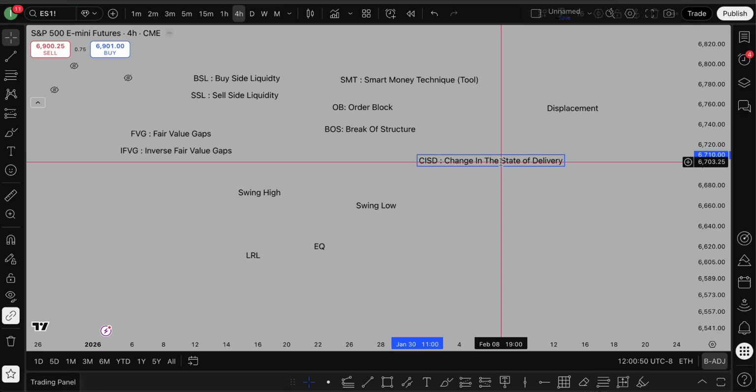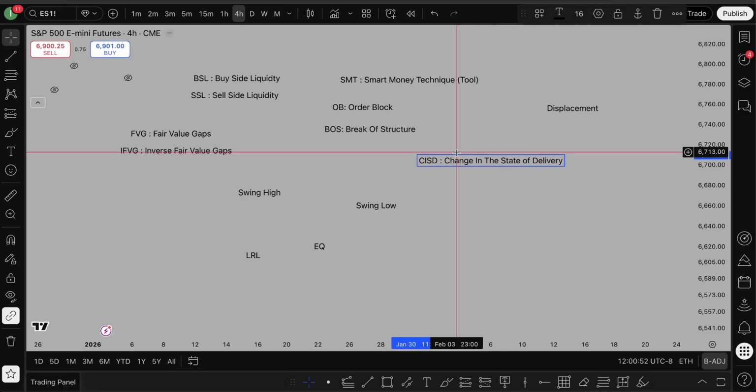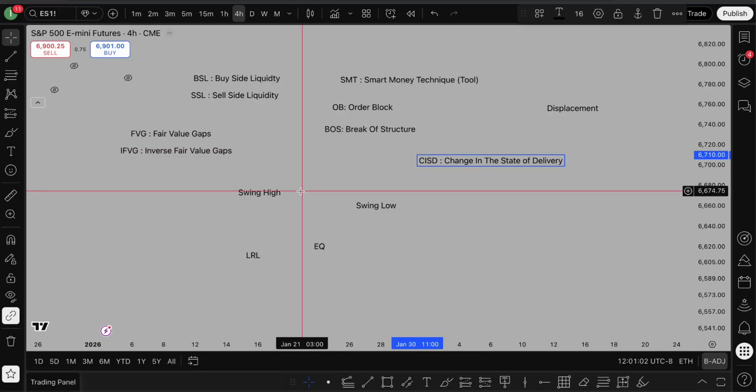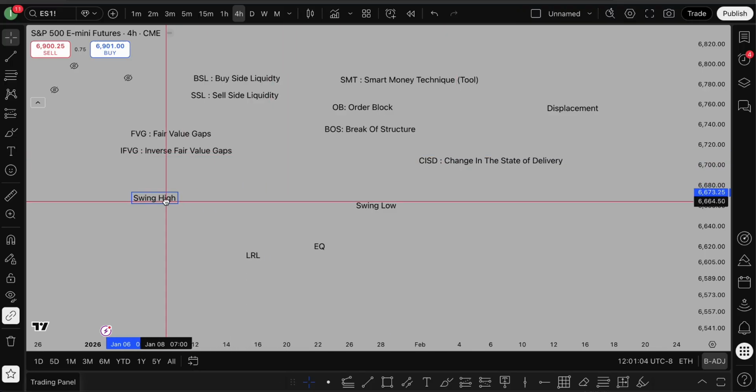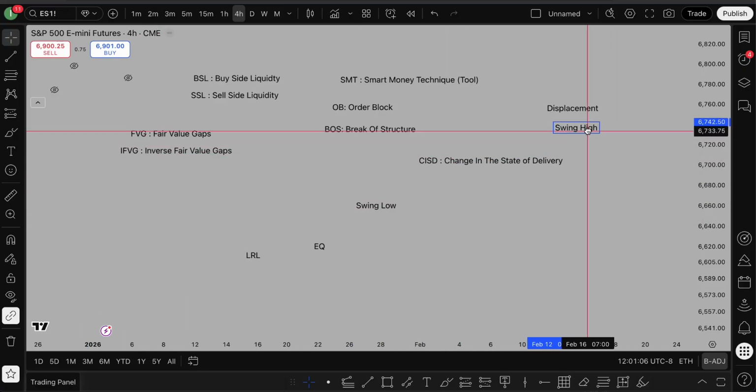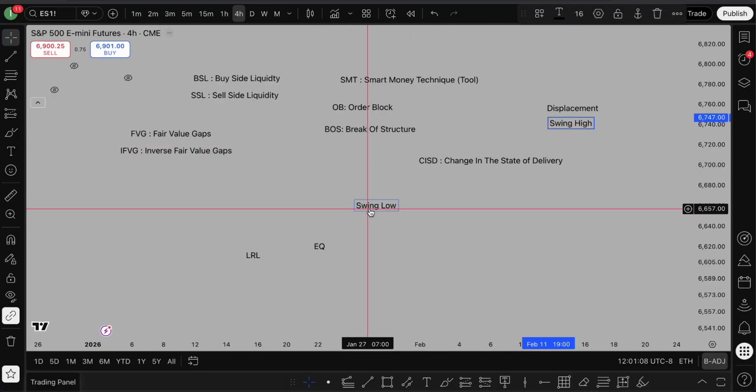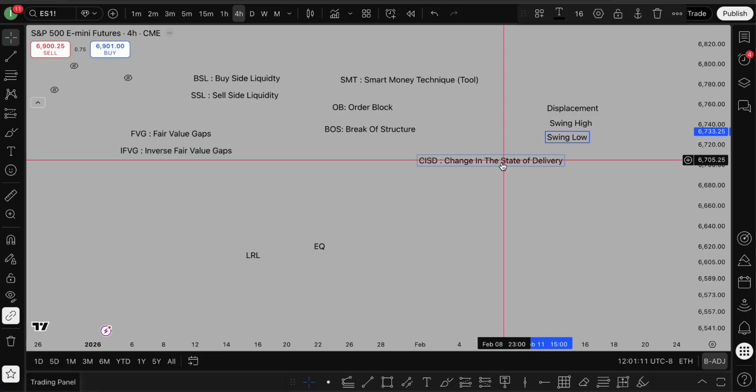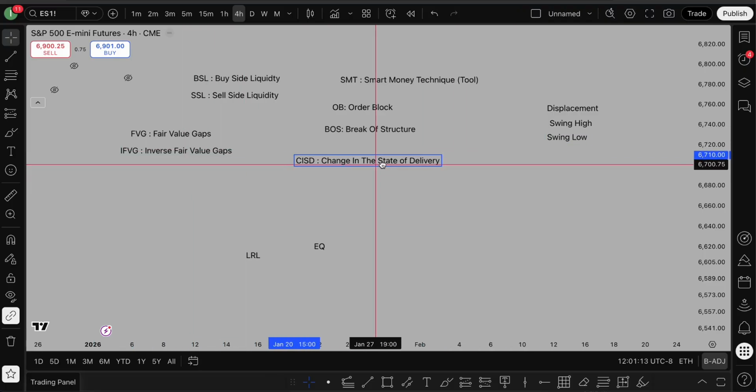Change in the state of delivery, meaning if we are bullish, this signal marked out on a chart would signal a change from, let's say, bearish to bullish or bullish to bearish. And I will give you an example of that when that time comes very soon.